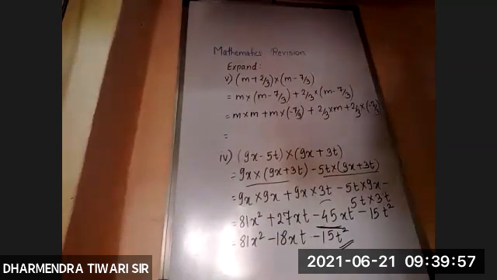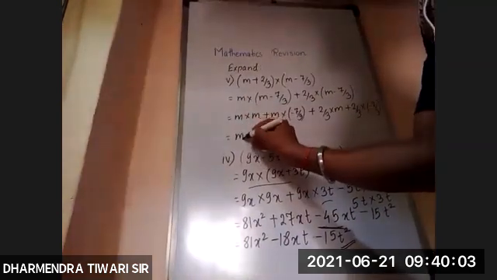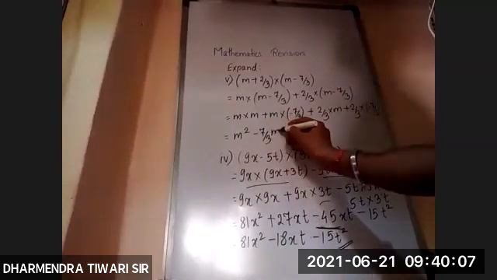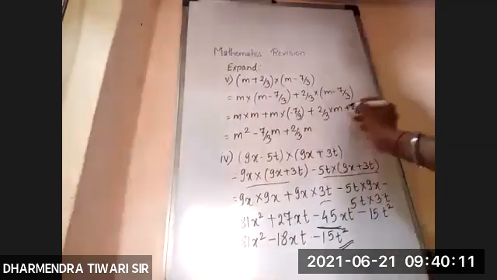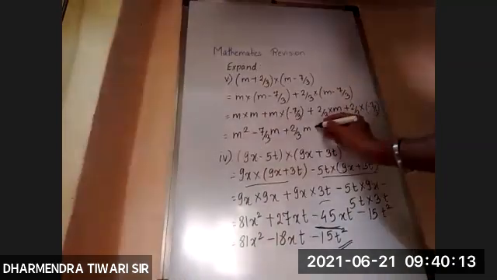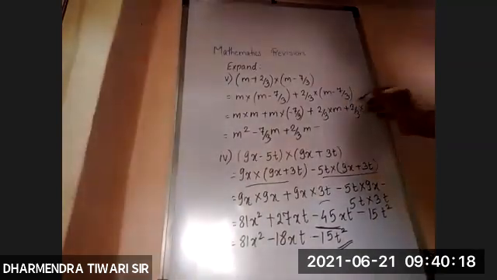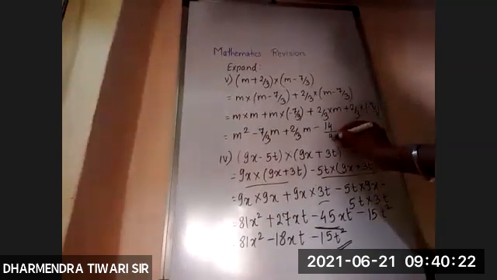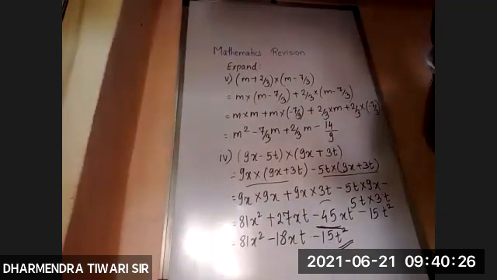So what we need to do? M into M, M square minus 7 by 3M. This is plus 2 by 3M. And plus minus is minus. Since 2 sevens are 14, 3 into 3 is 9, since we are having a multiplication form.